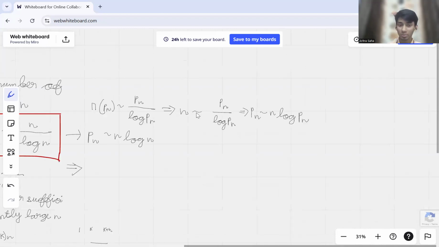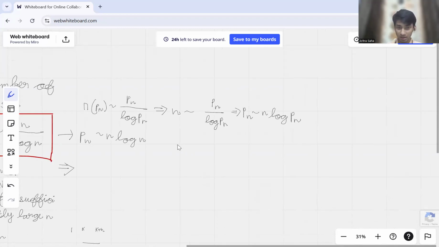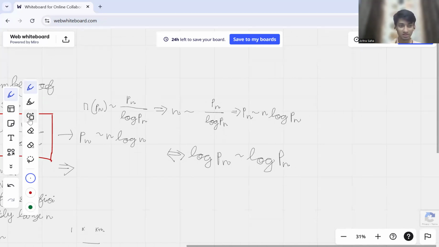So we actually have to prove that this is equivalent to proving that log of Pn is asymptotically the same as log of n. Yeah.